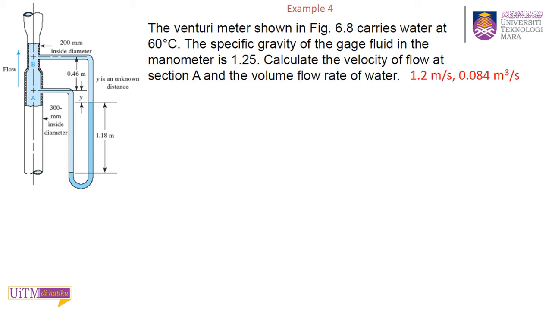The specific gravity of the gauge fluid in the manometer is 1.25. That is the dark blue fluid here. So they give you the SG 1.25, and you can find the rho of the fluid. Calculate the velocity of flow at section A. So they ask you to find VA and the volume flow rate of water, Q.